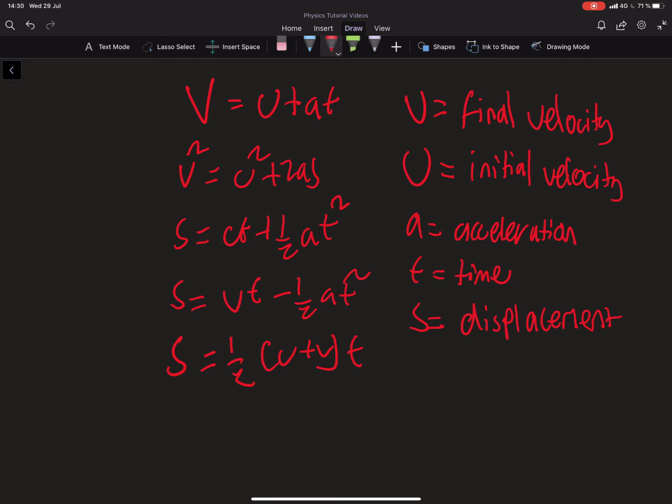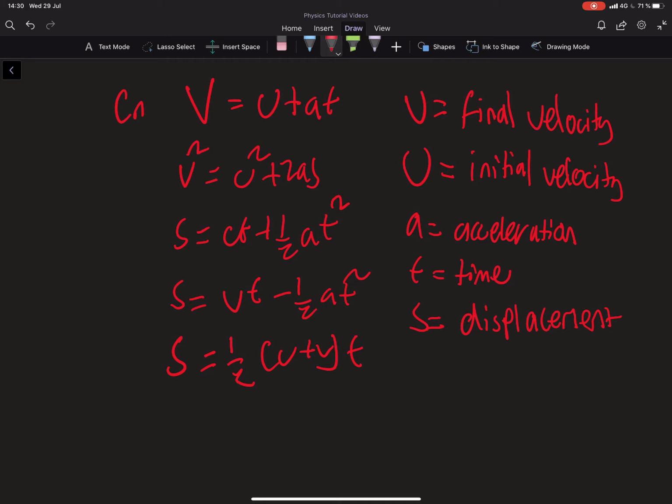But which equations should you use in what case? Well, as you may have already noticed, each of these equations are missing one variable that the other ones aren't. For example, the first equation does not include the variable S. No S in this one.